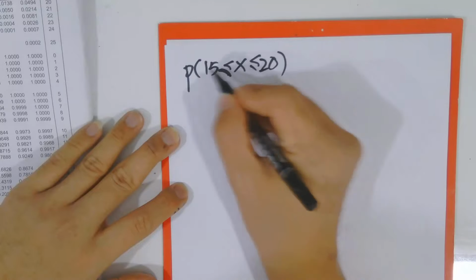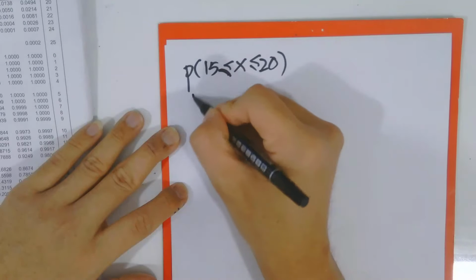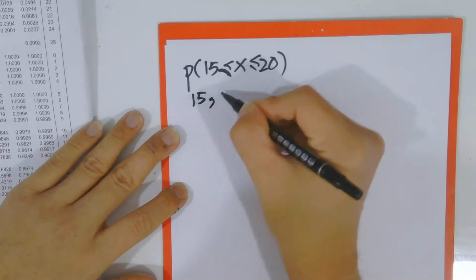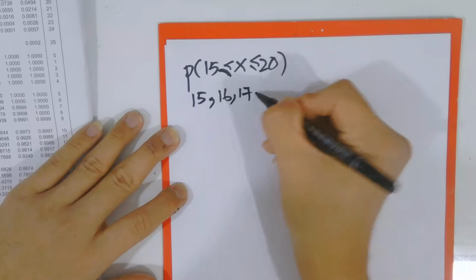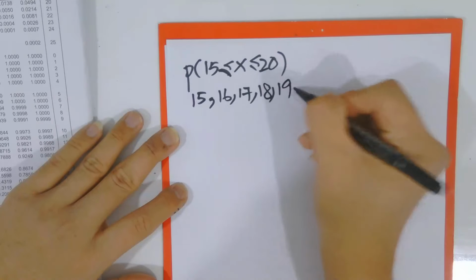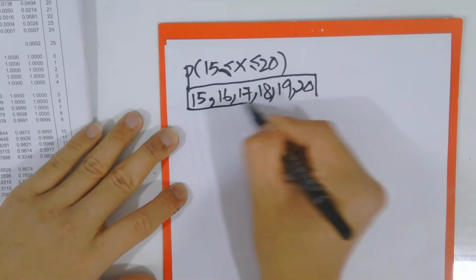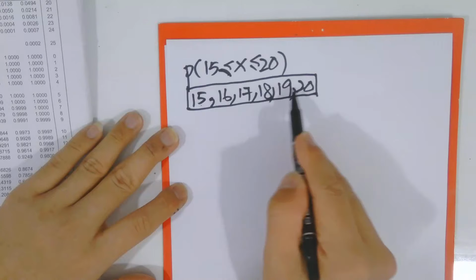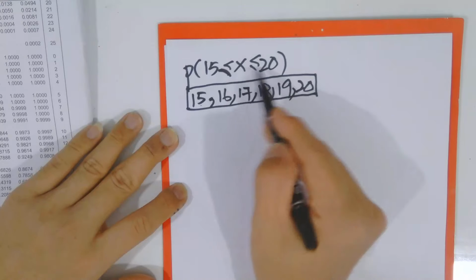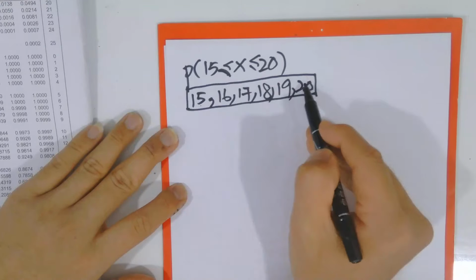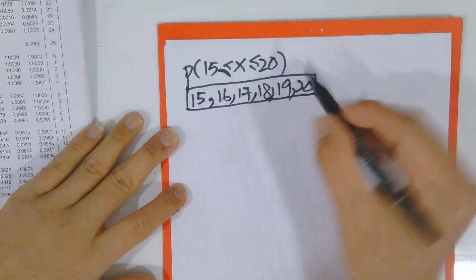Between these two values, you can include 15: 16, 17, 18, 19, 20. This one is not many, so I list out everything. Why can it be 15 and 20? That is equal here, it's 15 up to 20.